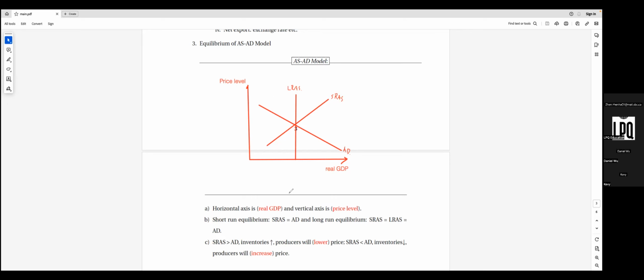The intersection of long run AS and the horizontal line is called potential GDP. So potential GDP can be labeled by YF. And once again, YF is called potential GDP.